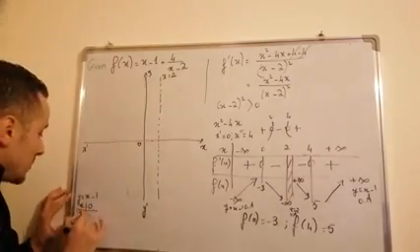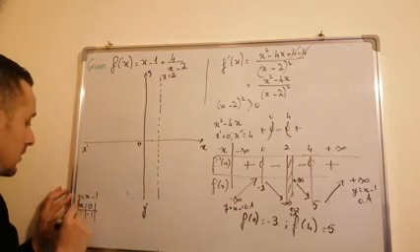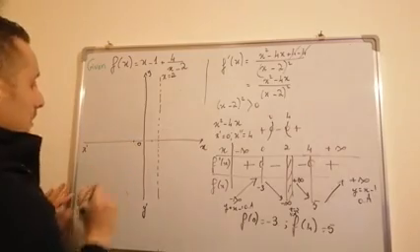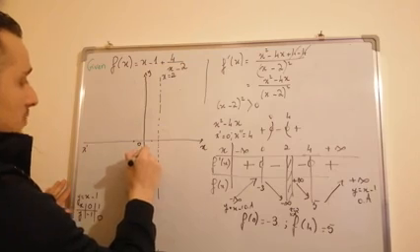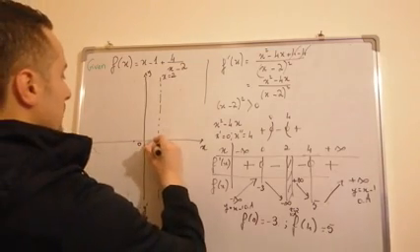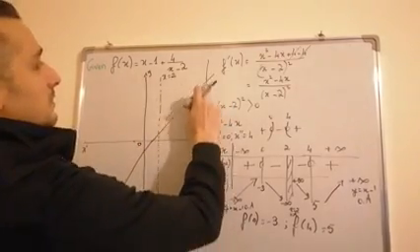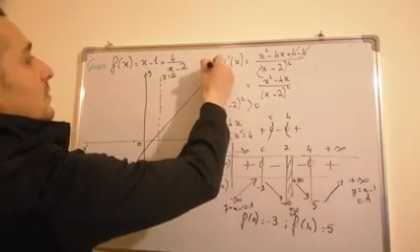For x equals 0, y equals minus 1, it's a simple replacement. For x equals 1, y equals 0. Sorry, the points 0, minus 1 and 1, 0. This is the oblique asymptote of the curve. Okay?